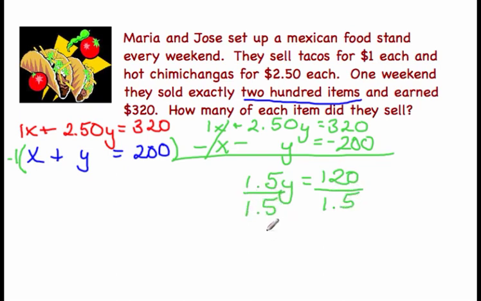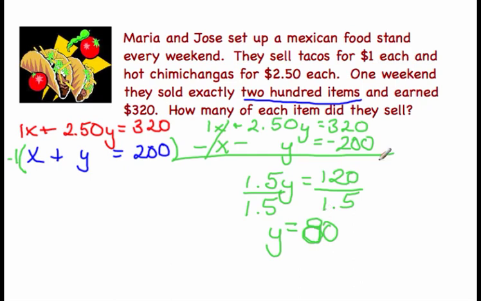So y would equal 90, I believe. Let me double check my calculations here. 120 divided by 1.5. Oops, see, I was wrong. That's why I'm glad I checked. It's 80 chimichangas. That makes more sense.